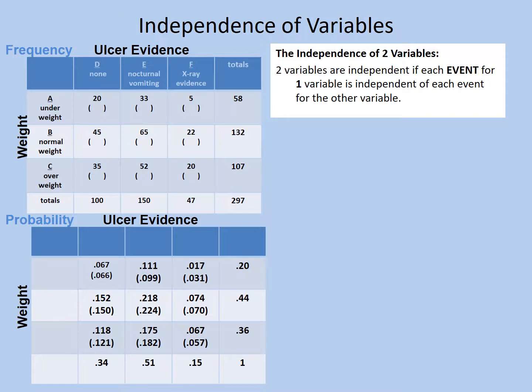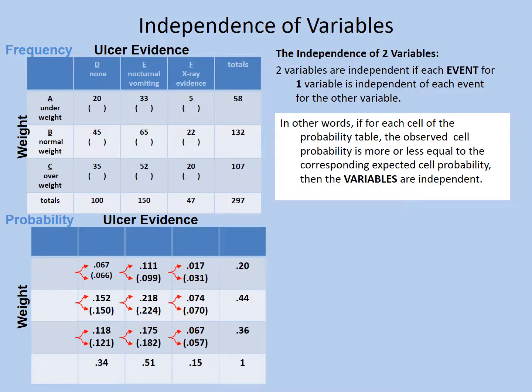We have just finished talking about the independence of two events in a 2x2 classification table. We are now ready to start talking about the independence of two variables in such a table. We define two variables to be independent if each event for one variable is independent of each event for the other variable.